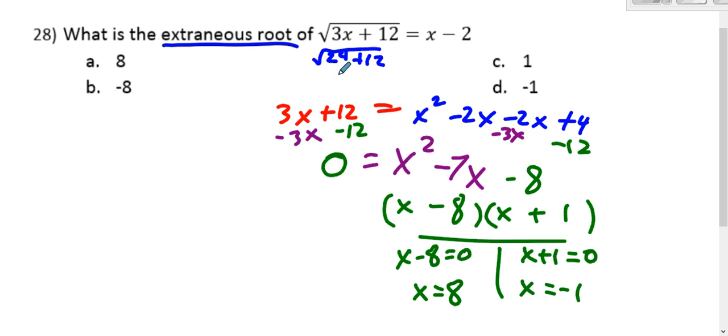So that's the square root of 36, which would just be 6. Plug in the 8. 8 minus 2 is 6. So that one works. But it's asking for the extraneous root, which means the one that doesn't work. So it's probably the negative 1.